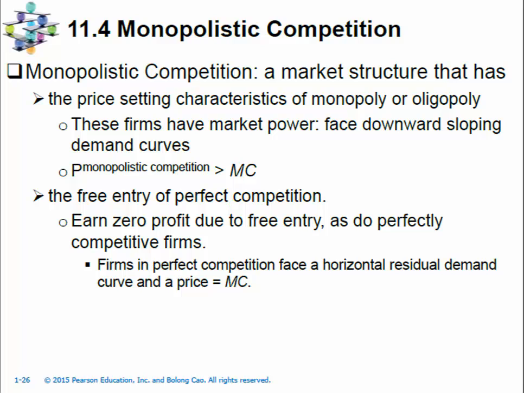Then, if the firms are offering identical products and all have the same cost structure, in the long run, all the firms in this monopolistically competitive market will only earn zero economic profit. Even though they can still cover all of their opportunity costs and make accounting profits, there won't be any long-run economic profit above their opportunity costs.